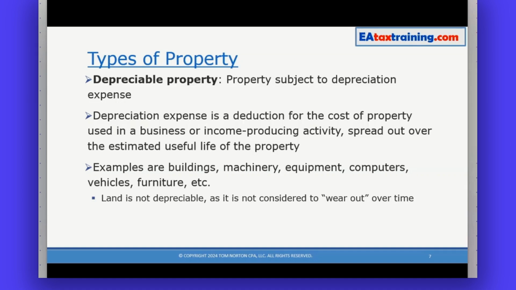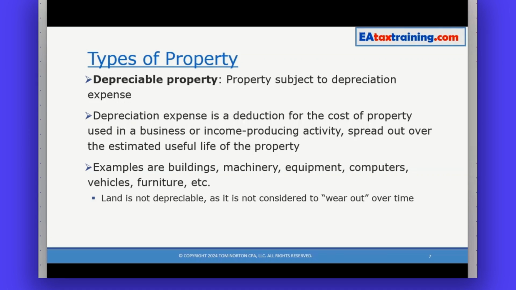So what depreciation expense does is, instead of taking the deduction for that van all in the year that you buy it, you take part of the deduction each year that you expect to be able to use that van. And in the tax law, it's not even what you expect. The IRS actually has a list of types of assets and how many years those assets are expected to last.